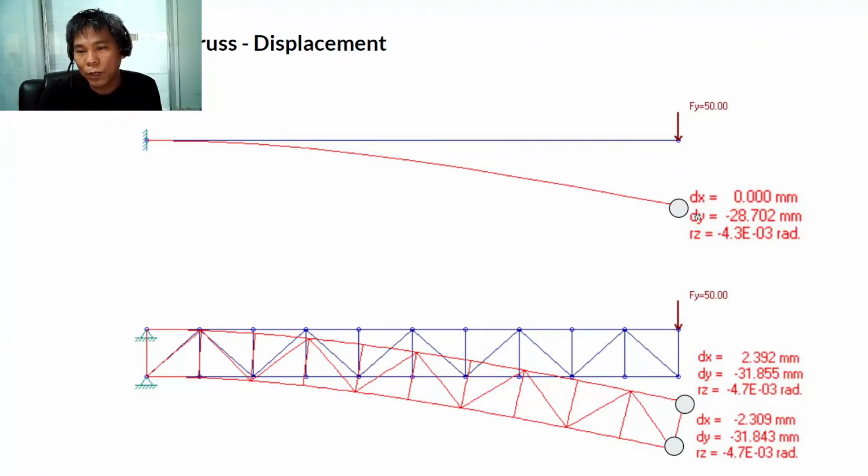It's around negative 28 millimeters. For the equivalent truss, the section is almost the same, with the same cross-sectional area, but the moment of inertia differs. Since displacement is inversely related to the moment of inertia, the result is different in the truss. The truss has a larger displacement because of its web members, but it is almost the same, minus 28 and minus 31. The difference is very small.